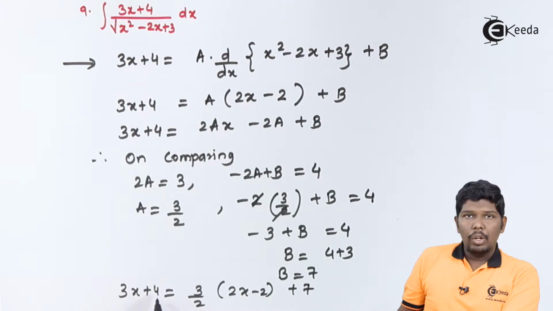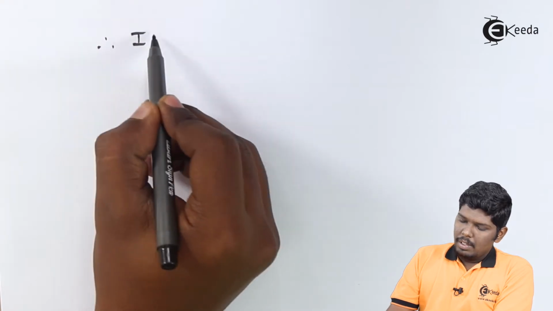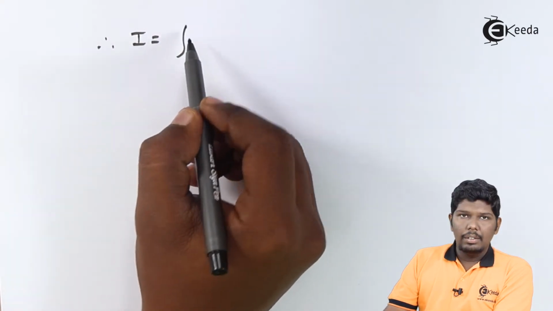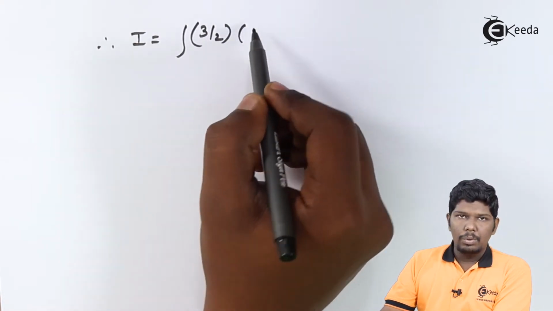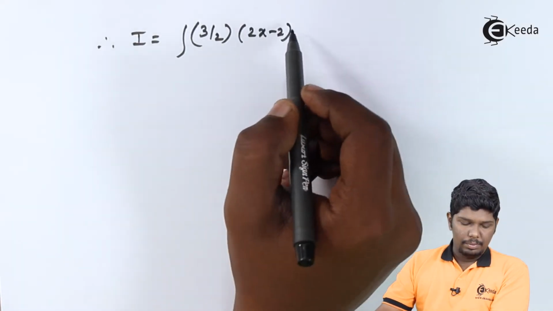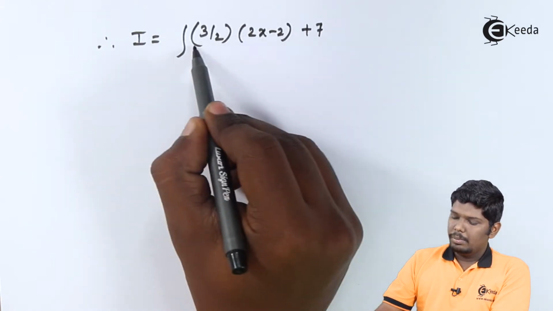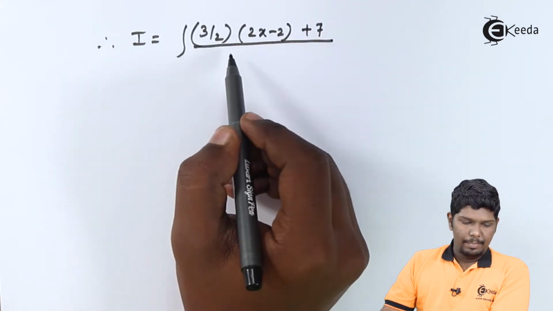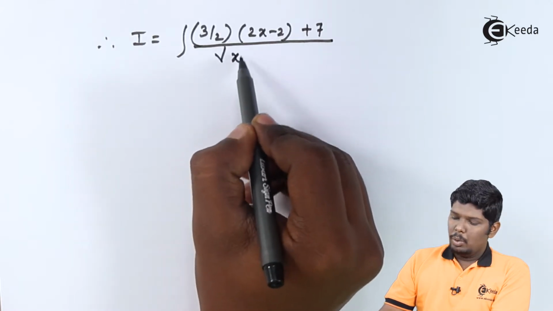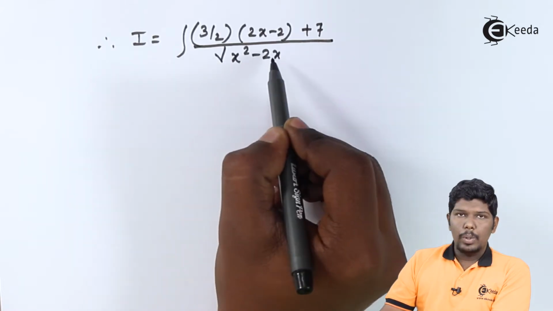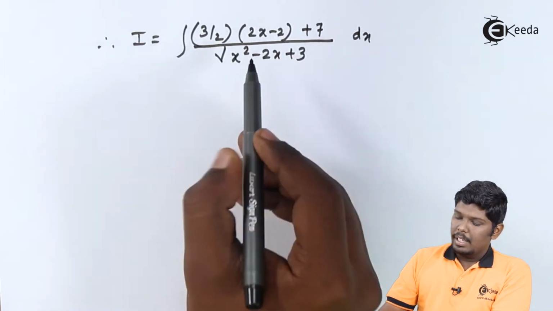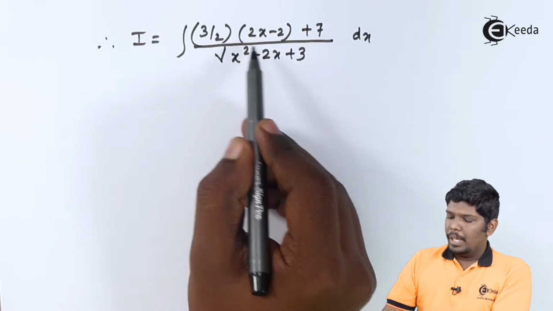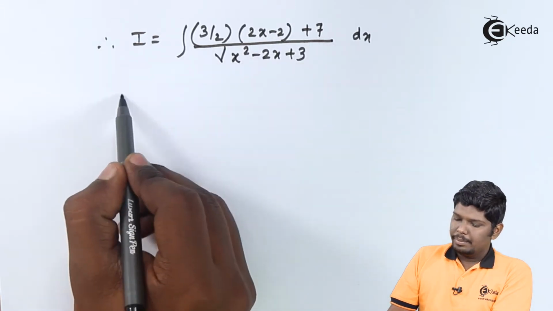Now let us substitute the value of 3x plus 4 in the given integral I. I will be integral 3 upon 2 into 2x minus 2 plus 7 upon under root x square minus 2x plus 3 dx. Now let us separate this denominator to both the terms present in the numerator.